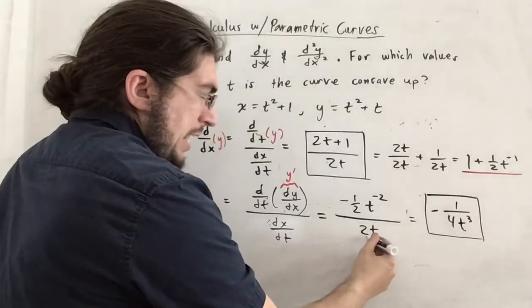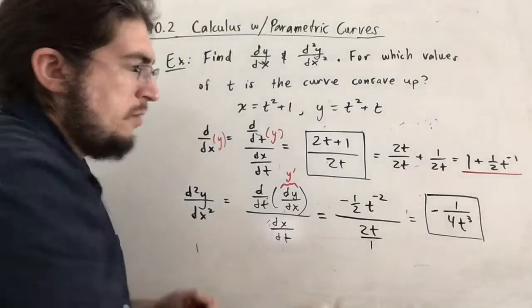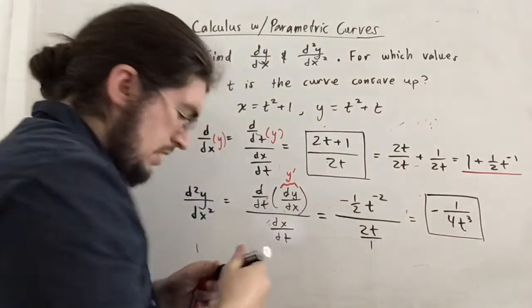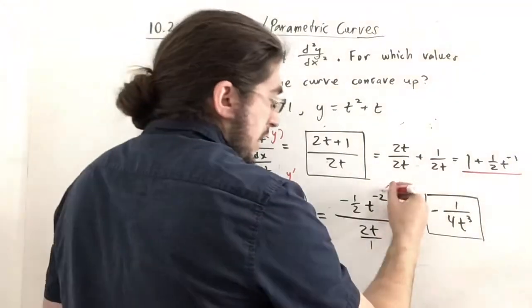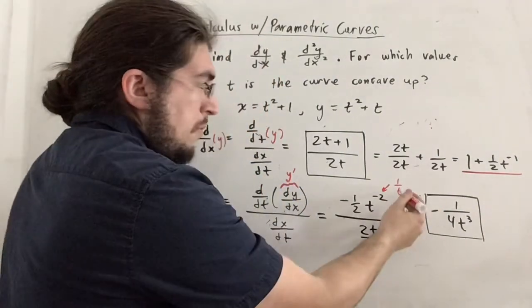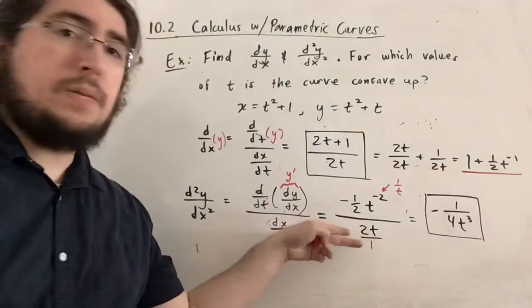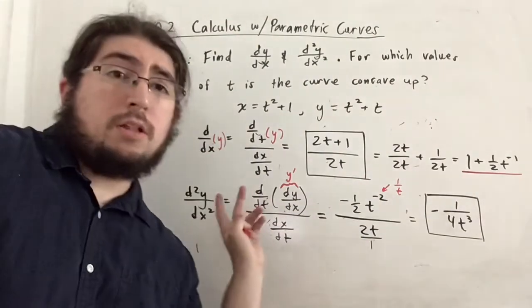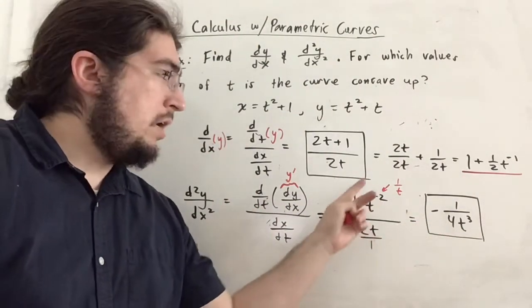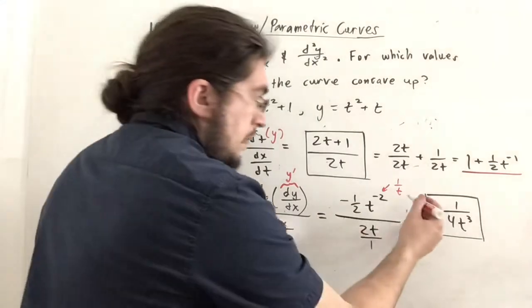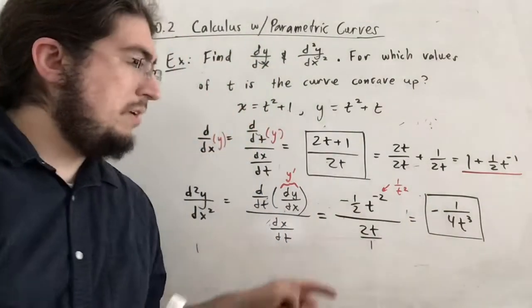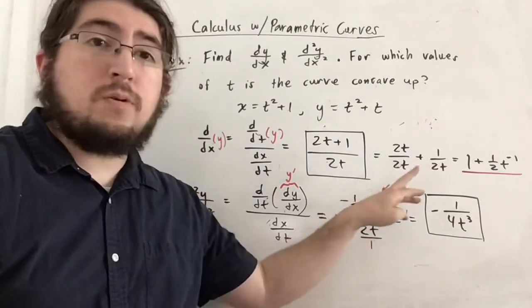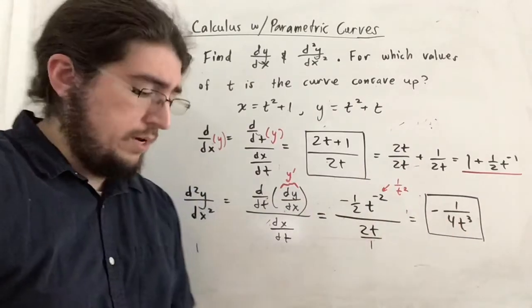If you wrote this as that over 1, and you wrote t to the negative 2 as 1 over t squared, and multiply this whole numerator by the reciprocal of this denominator, you'll see you'll have 2 2's in the bottom, which is 4, 2 t's in the bottom because it should be t squared, and 1 other t in the bottom after reciprocating, so in total you have 3 t's in the bottom.